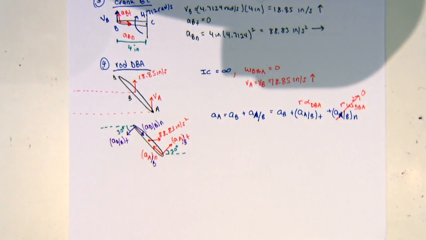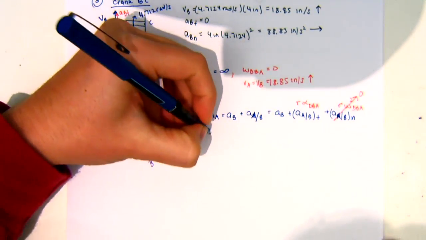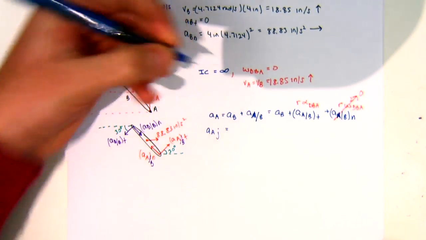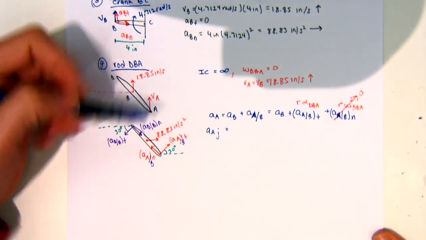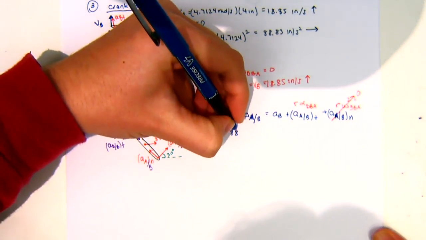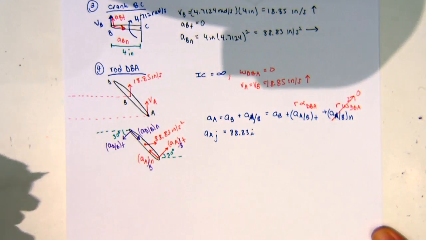So writing this out into component form, we know that A can only move in the y direction, right? So I can say AA j is equal to the acceleration of B, which we said was 88.83, and that's in the positive i direction.